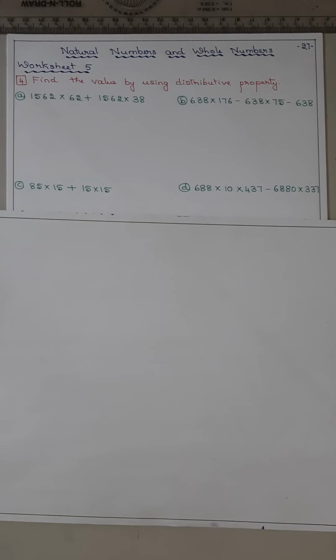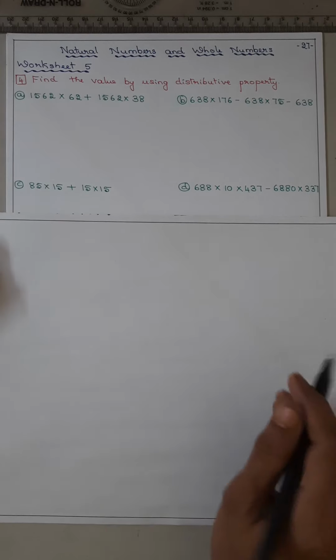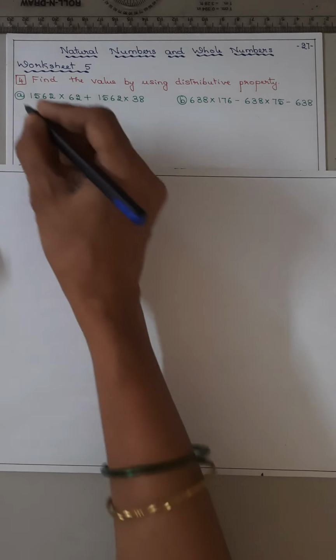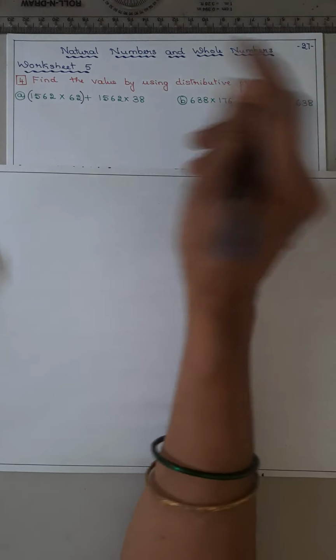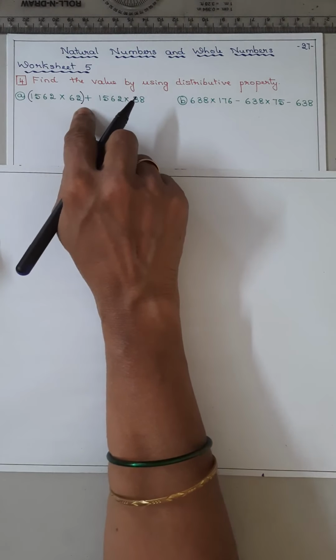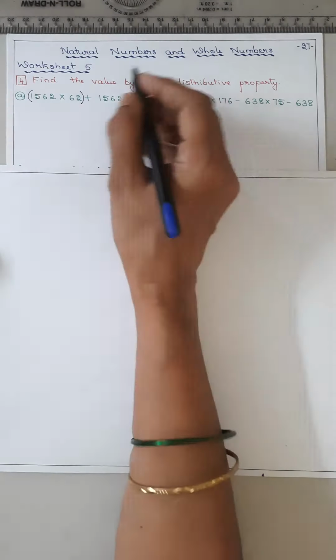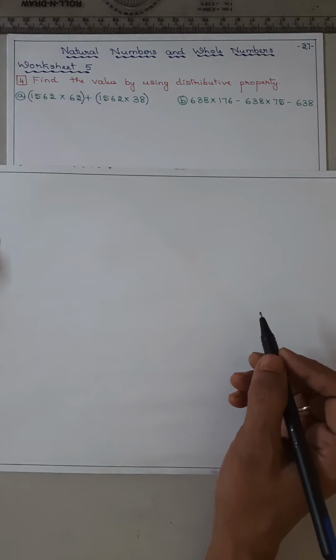Now coming to question number 4 of that worksheet 5. Find the value by using the distributive property. Now in this first question, 1562 into 62 plus 1562 into 38. First we'll put the brackets so that you will be clear with the sum. So 1562 into 62 within the round bracket, again plus 1562 into 38.